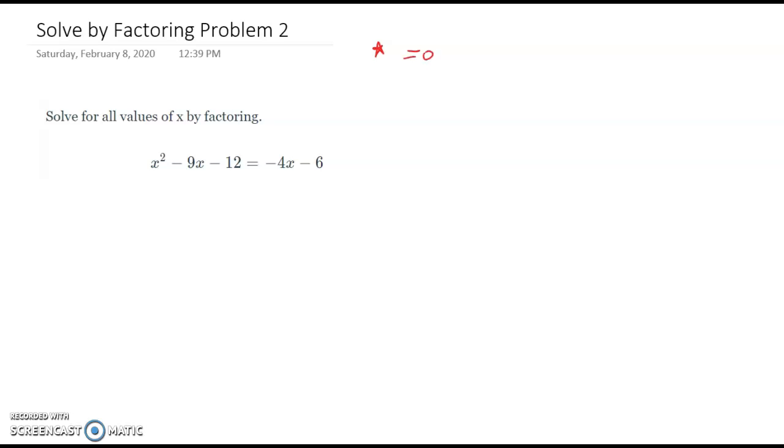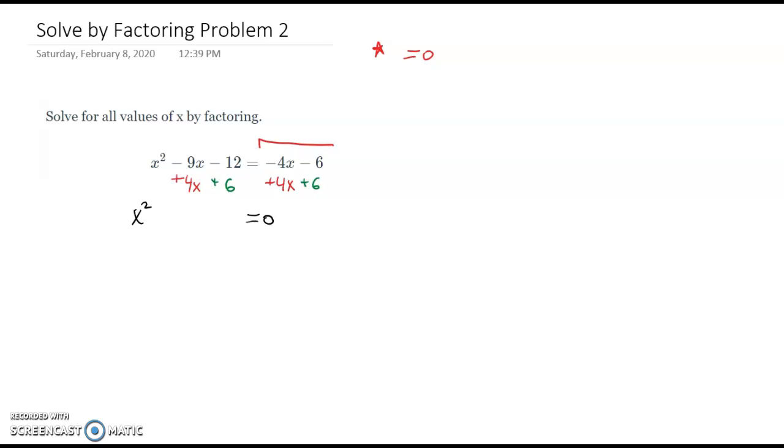If I look at the right side, I have -4x minus 16, so it's definitely not 0. In order to get that to be 0, I'm going to add 4x, and notice I am aligning like terms together to make my life easier. I'm going to add 6. And now my output is 0.